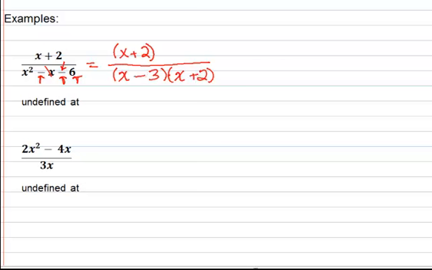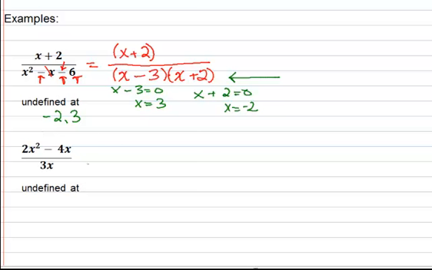Then we look to see if there's anything that's the same top and bottom, and that's how we simplify. But right now we're talking about undefined, so we're just looking at the stuff that's on the bottom, and we take each one of those, set them equal to 0, and solve. And that is going to tell us where this polynomial is undefined. So it's undefined at -2 and 3.